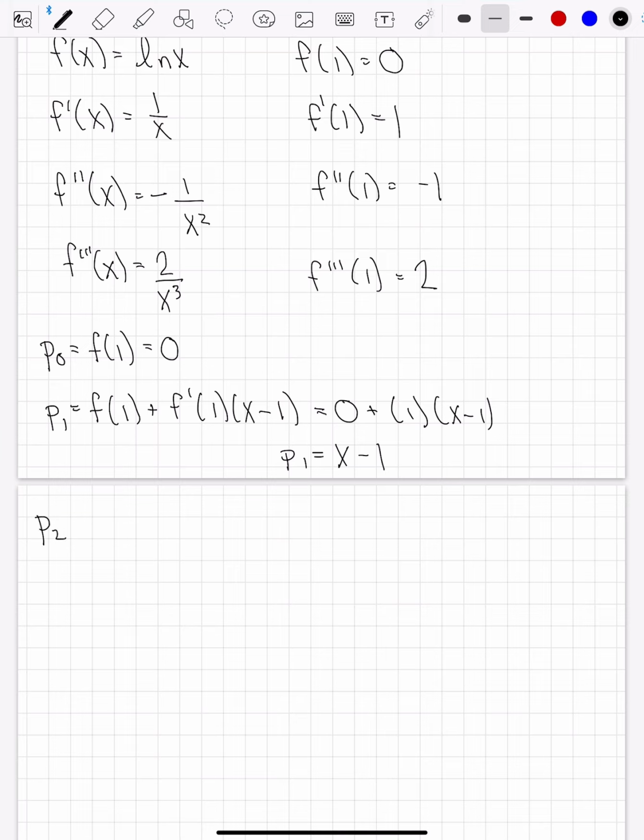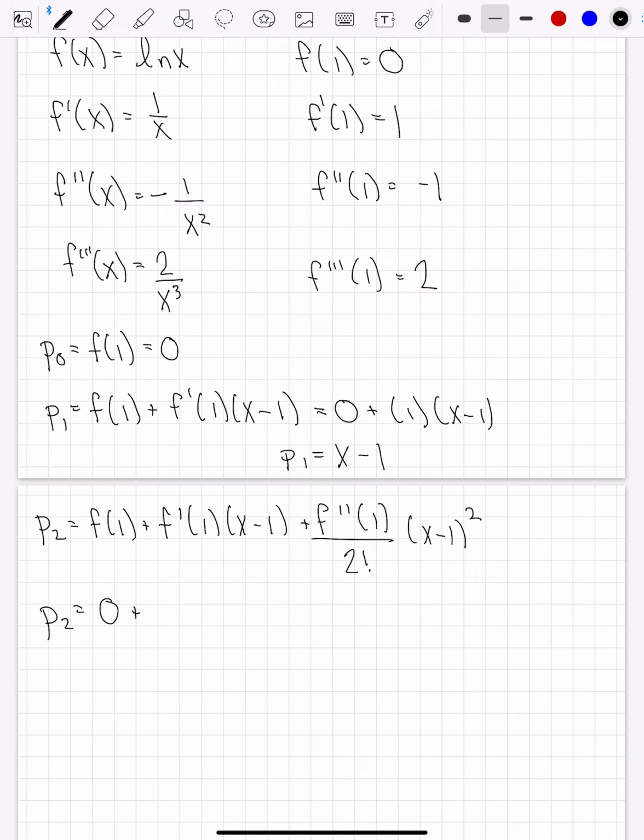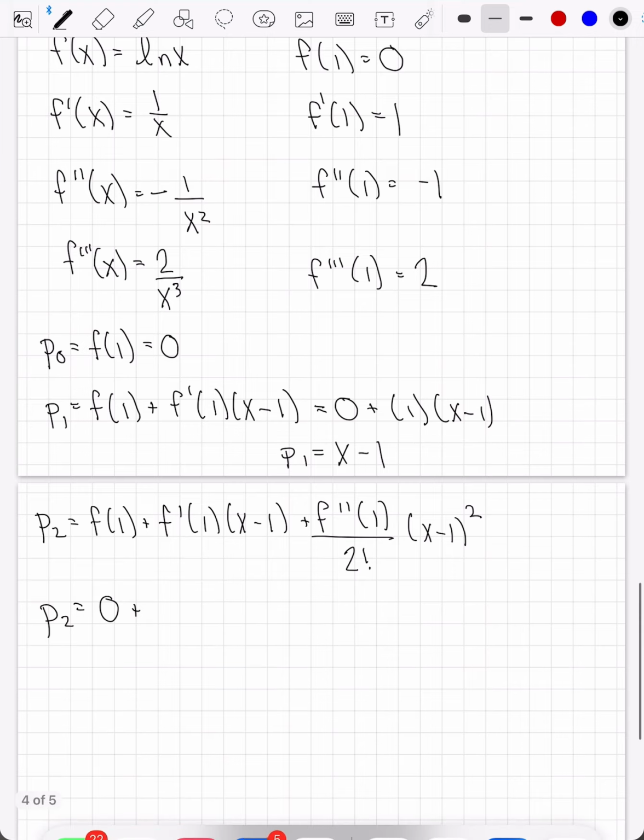And then P2, we bring down all of these terms from P1, but now we have to add on the n equals 2 term, so we get f double prime of 1 over 2 factorial times x minus 1 squared. That all simplifies to 0 plus x minus 1, and then f double prime of 1 we got was negative 1, so we plug that in.